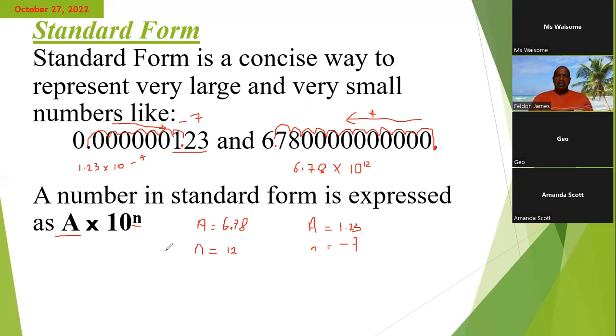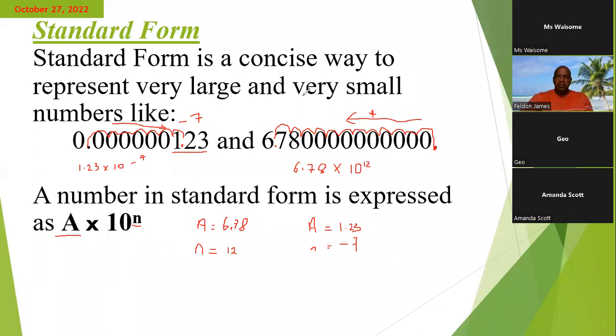This is something that you should also be able to do. So now I am going to see how well you are able to reverse the process of a number in standard form and write it back in normal form.